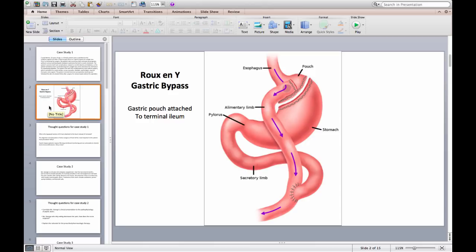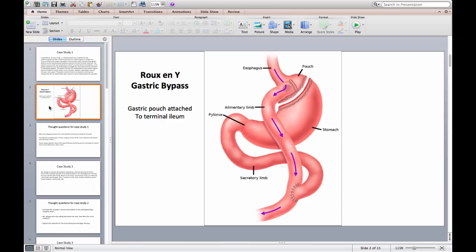So the question is about the gastric bypass case study, and the fact that food entirely bypasses the duodenum. And so the things that normally get absorbed in the duodenum, are they just not getting absorbed? It's a very good question because you have a greatly reduced capacity to absorb the things that normally get absorbed in the duodenum when you bypass it.